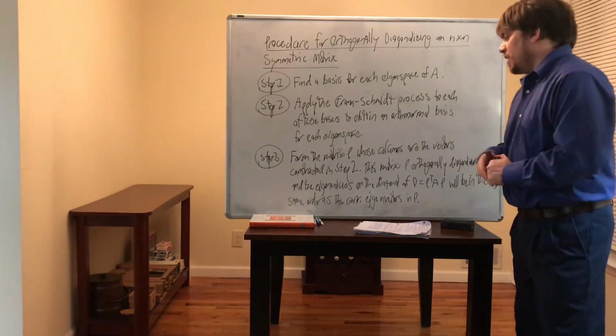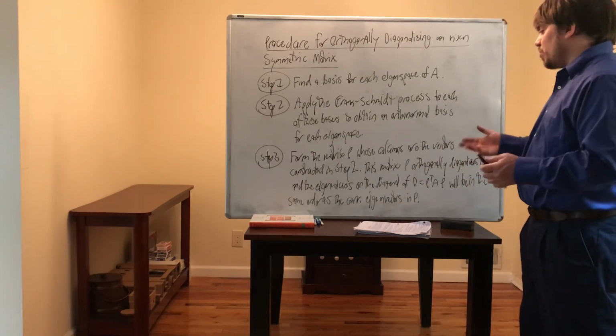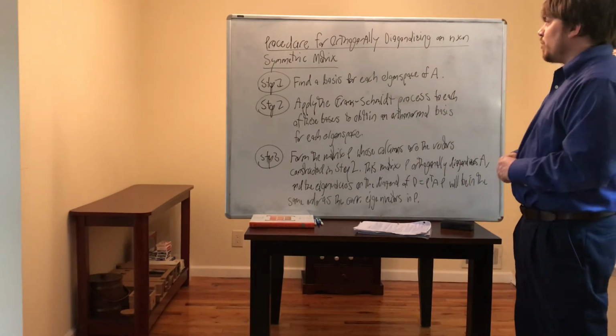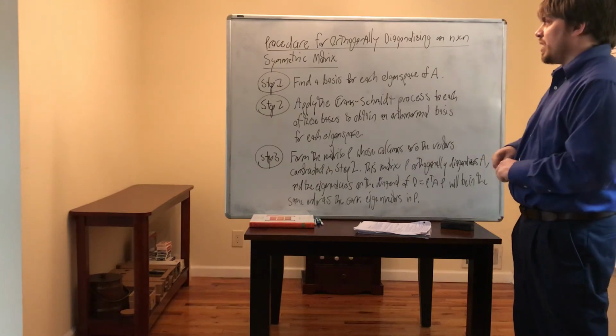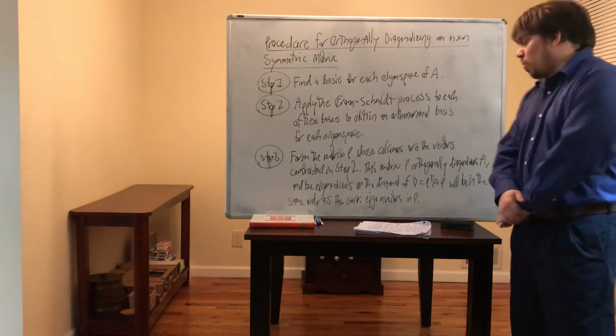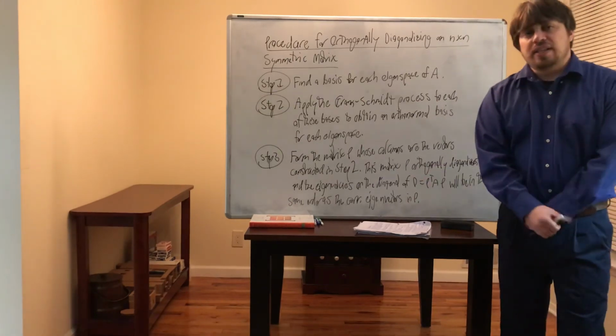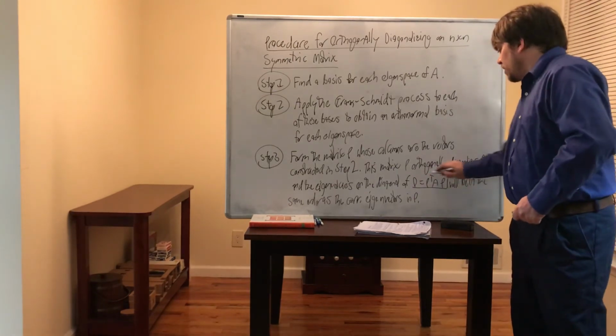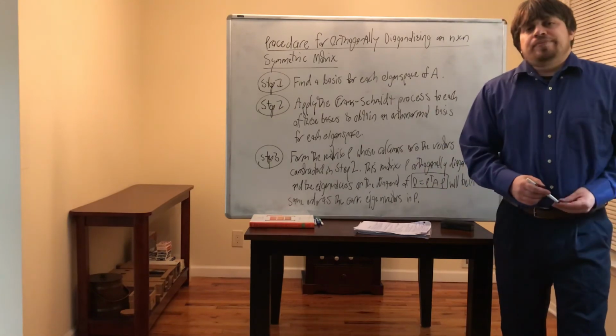And so step 3 is just saying the conclusion would be that we found a way to orthogonally diagonalize our symmetric matrix A. And it specifies what D is in this equation. Okay?